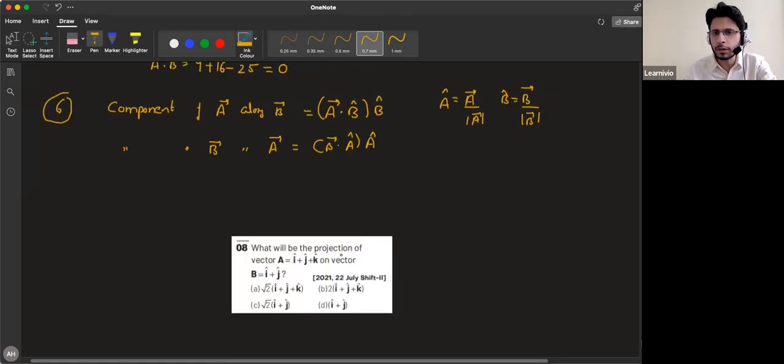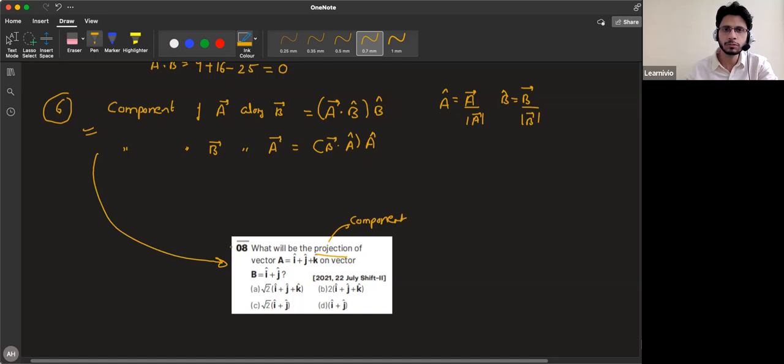So don't get confused with projection. Projection means component. So this is the concept. This is the question. Previous year JEE question. Do it.